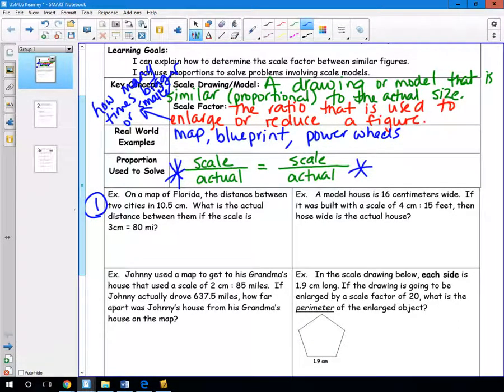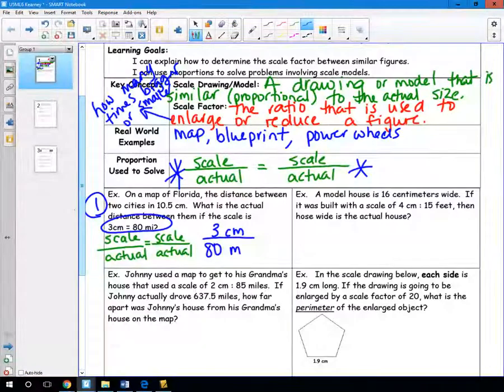So, since this is a scale problem, like I told you earlier, I'm going to write a mental note here. Just to help me remember, I'm going to put scale over actual equals scale over actual. So let's set it up. Here it tells me that my scale is 3 centimeters actually represents 80 miles.